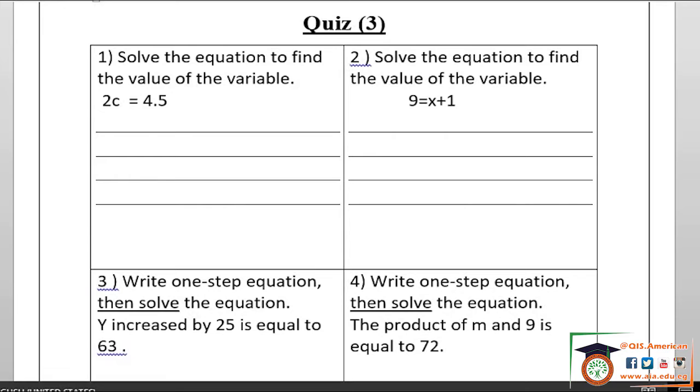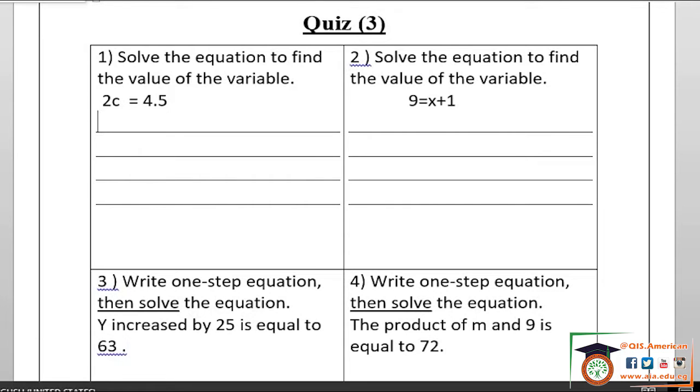So if you look at this equation here, you know that this equation is of which type? It is a multiplication equation. How can I solve a multiplication equation? By the inverse operation of multiplication, which is what? Yes, very good. Which is division.